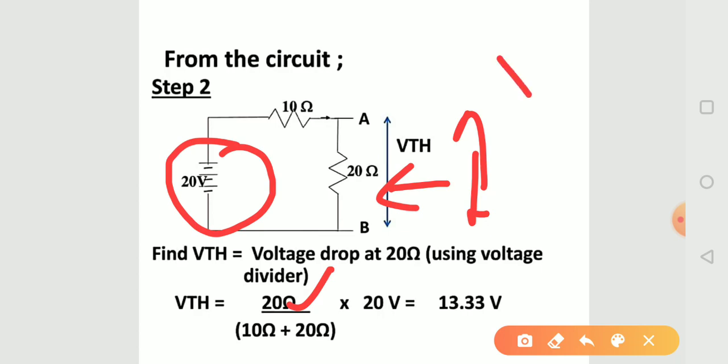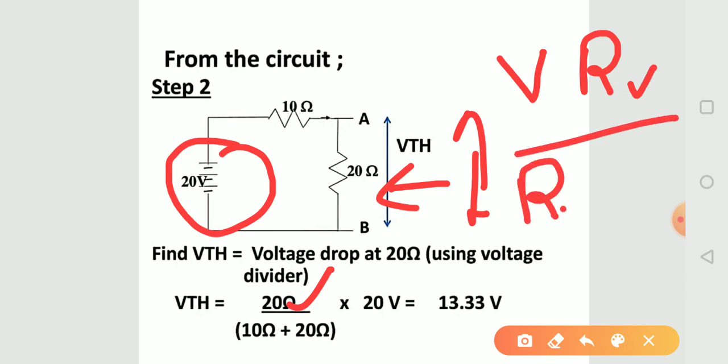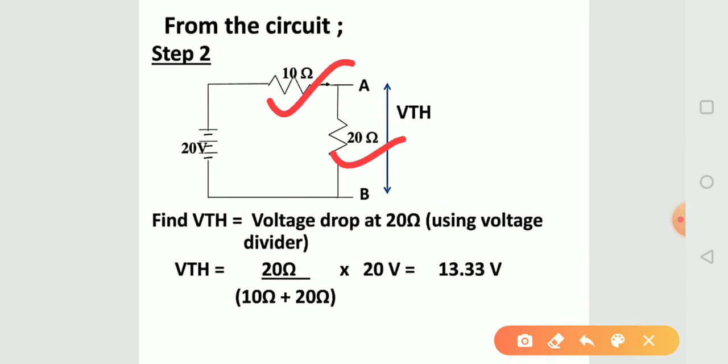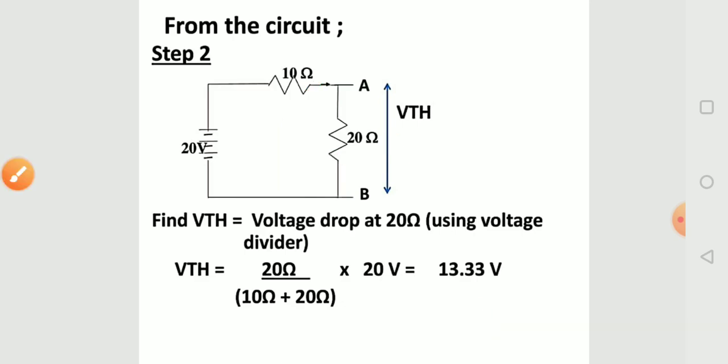So the formula is the source voltage into the resistance at which we find the voltage, upon that resistance plus the other resistance in series. Here both resistances are 10 ohm and 20 ohm. If we put these values here, then the Thevenin's voltage will come to 13.33 volt. So the Thevenin's voltage for this circuit is 13.33 volt.